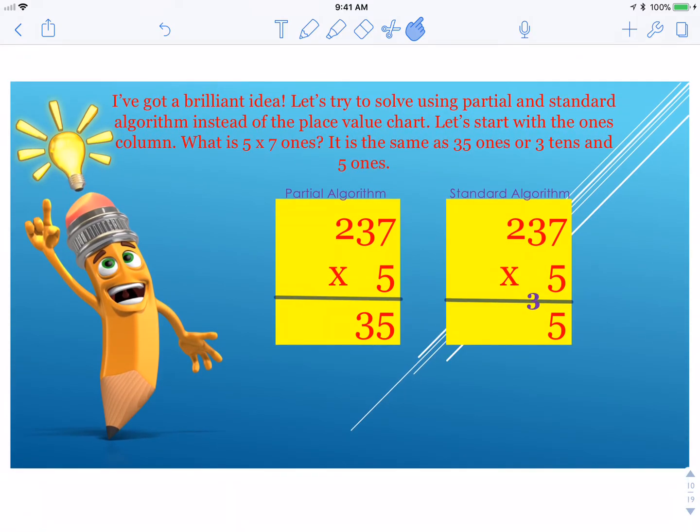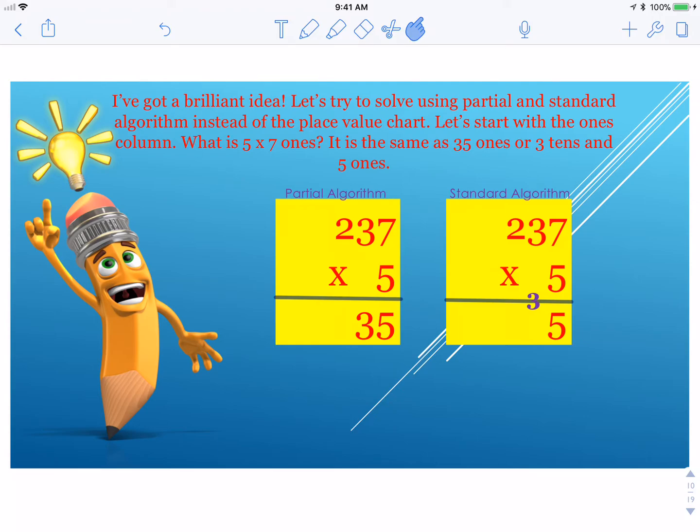So I've got a brilliant idea. Let's try to solve using partial and standard algorithm instead of the place value chart. Let's start with the ones column. What is 5 times 7? It is the same as 35 ones, or 3 tens and 5 ones.